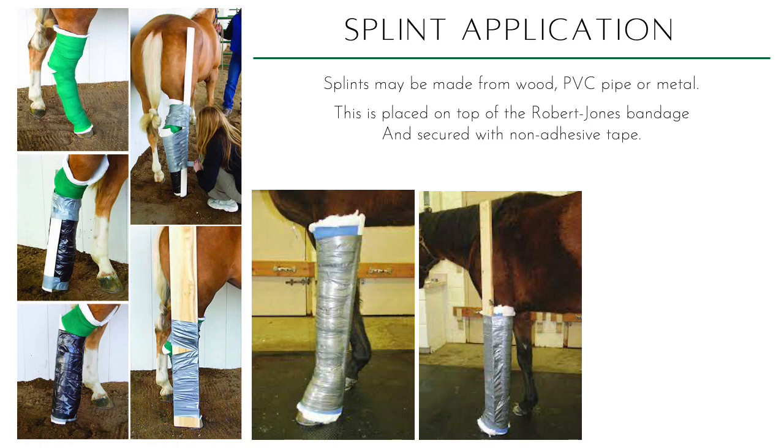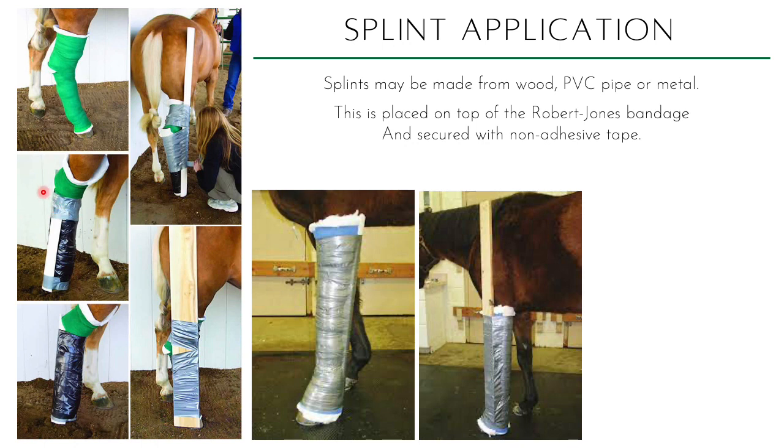So you put this on top of the Robert Jones bandage. Okay? So you put the cotton padding first, like here. Okay? Or the Robert Jones bandage was placed. Alright? And then the splint was attached. Right? The splint, depending on the area, could go from up to here or just here.